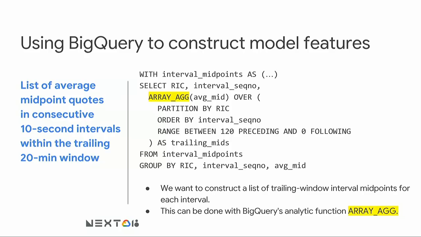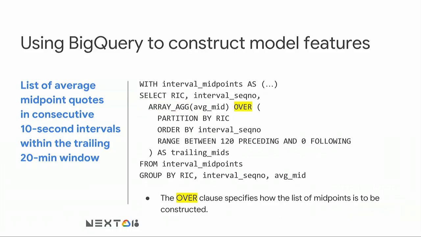And here we're using the array aggregation function, which is an analytic function of BigQuery that allows you to apply a certain function over a series of rows preceding each row in the output. So what I want to do here is to partition data by RIC.